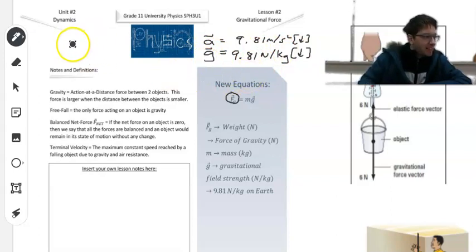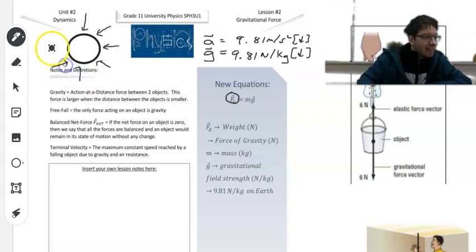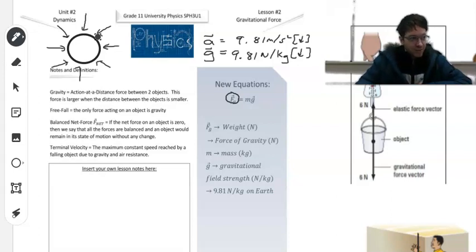So try to imagine this. We have the Earth. Draw the Earth here. And all around the Earth, there's this invisible field that is pointing towards the Earth. This is called a gravitational field. Anything that has mass that is inside this field will feel a gravitational force towards the Earth.